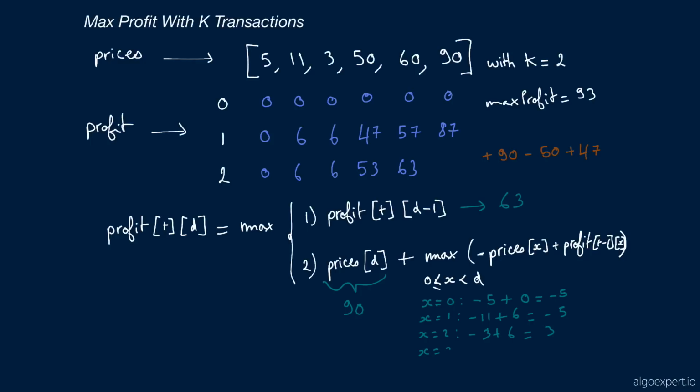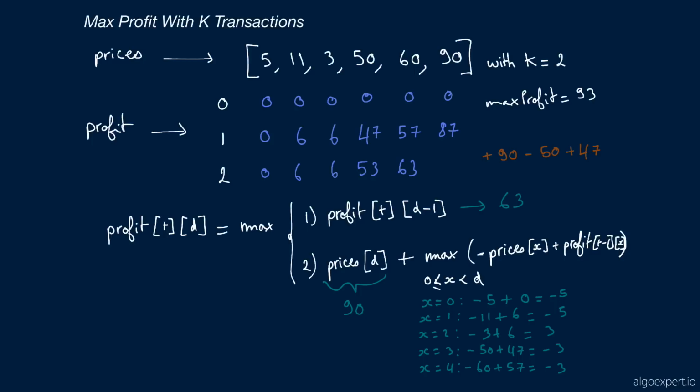For X equals 3, we have minus 50 plus 47. So we have minus 3. And for X equals 4, we have minus 60 plus 57. Minus 60 plus 57 equals negative 3.